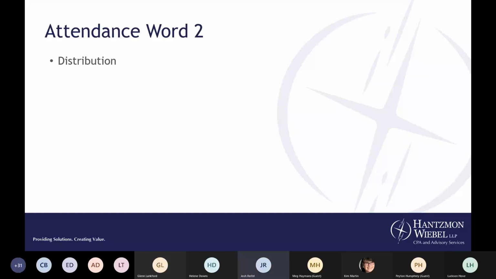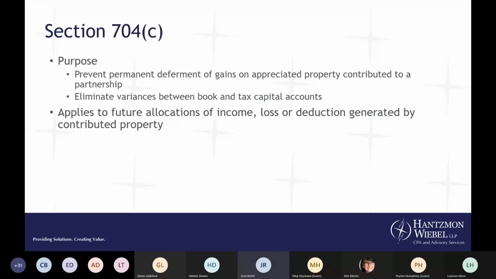Okay, moving on. We briefly touched on section 704C earlier, in reference to the reporting requirement that would have been in 2019 and is now in 2020.